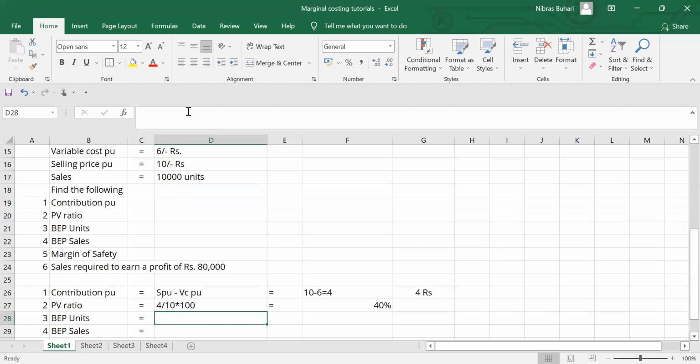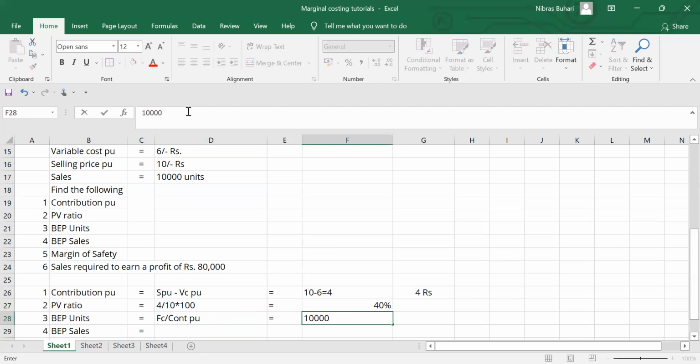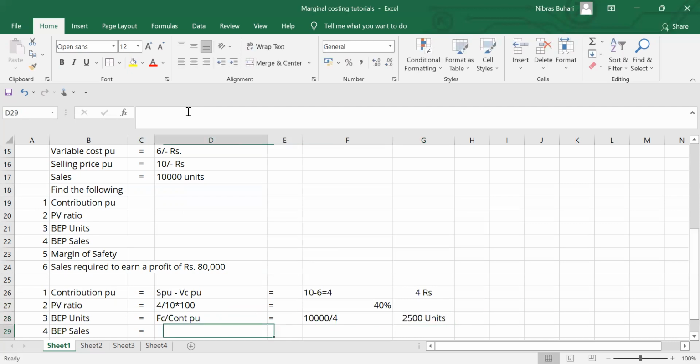Then BEP in units. BEP in units is fixed cost divided by contribution per unit. Our fixed cost is 10,000 rupees divided by contribution per unit of 4 rupees, which means 2,500 units.